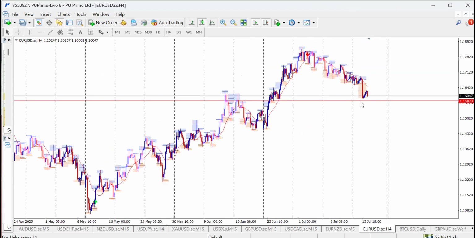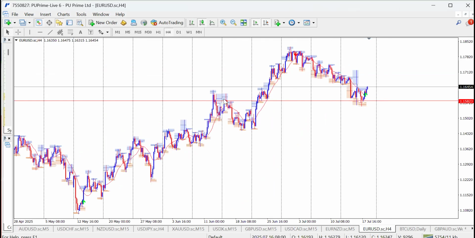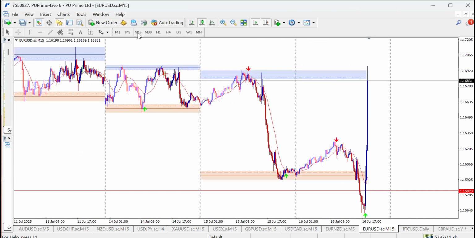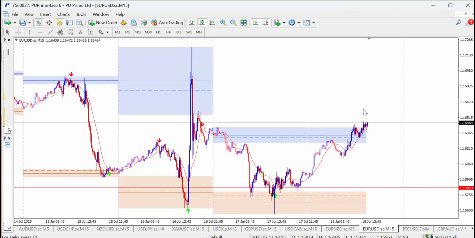We can see that zone respecting this previous resistance become support, and we are still pushing to the upside. So coming from next week upward, we'll be bullish on Euro USD for probably a longer time. But I don't see any entrance because the market has already been overbought, and buying at resistance is not my thing. So that is that for now.